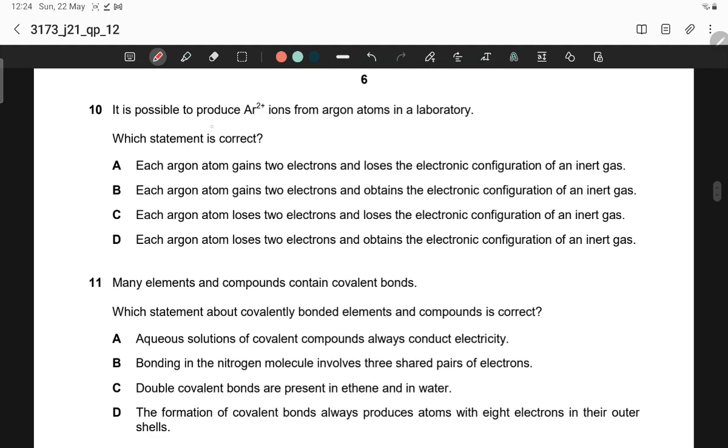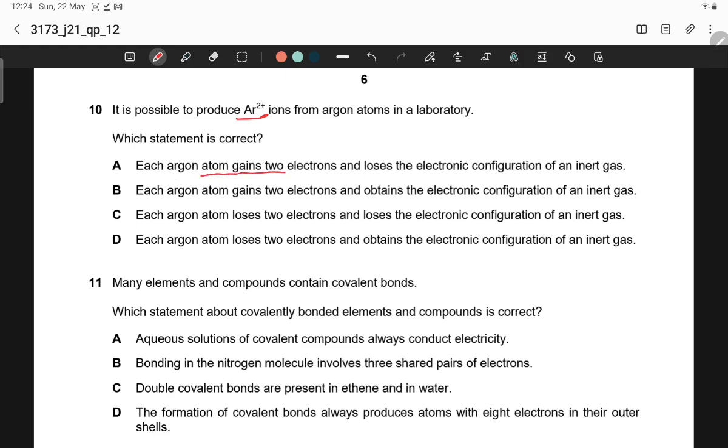It is possible to produce Ar2+ ions, argon 2 positive ions, from argon atoms in a laboratory. Which statement is correct? Each argon atom gains 2 electrons and obtains the electronic configuration of an inert gas.